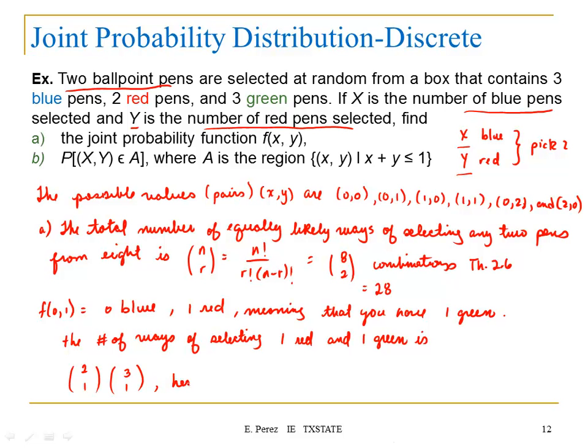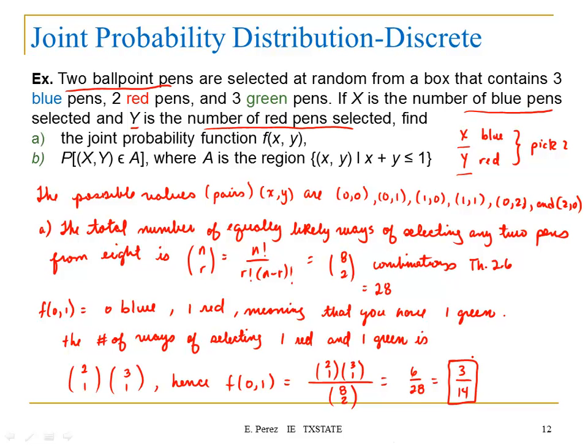Hence f(0, 1) is going to be C(2,1) times C(3,1) divided by C(8,2). And this is equal to 6 over 28, which equals 3 over 14.